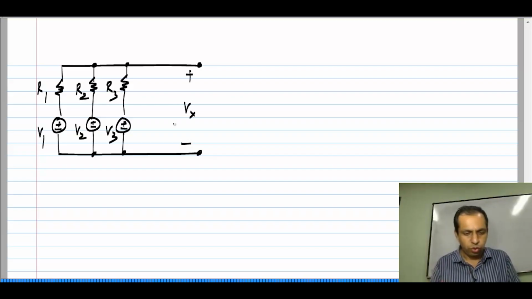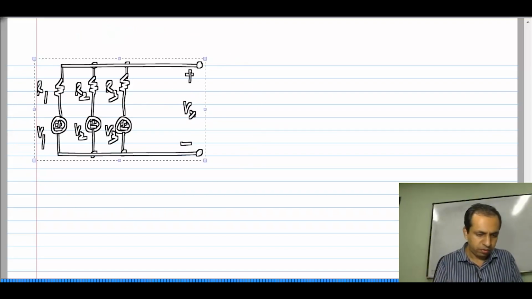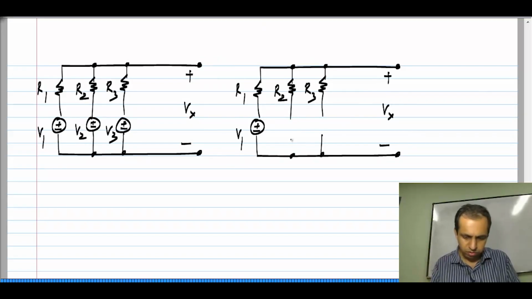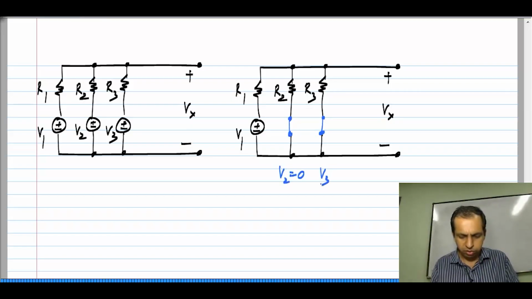What do I do for that? Essentially, I should imagine that I have only one of these sources. I can find Vx due to that one, and then I repeat it for other sources and apply superposition. Now, I have the same circuit with V2 set to 0 and V3 set to 0.